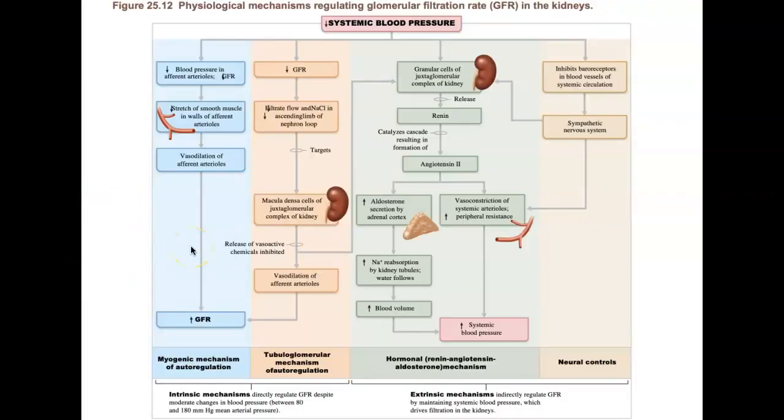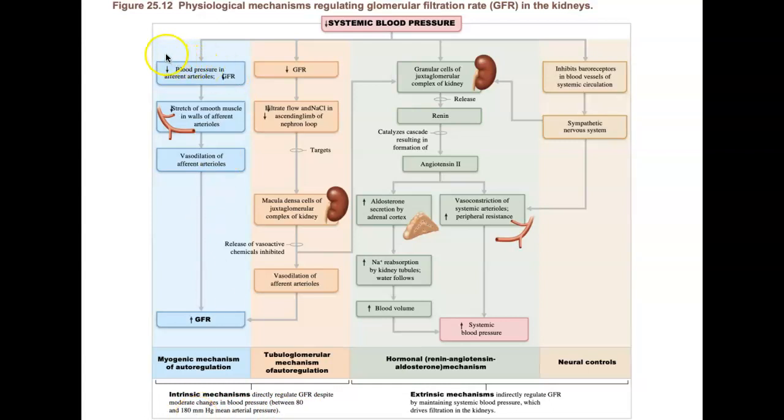Let's take a look at this image, which reviews the intrinsic and extrinsic controls that we just discussed. We mentioned that intrinsic controls directly regulate GFR despite moderate changes in blood pressure, when the MAP is between 80 and 100 millimeters of mercury.